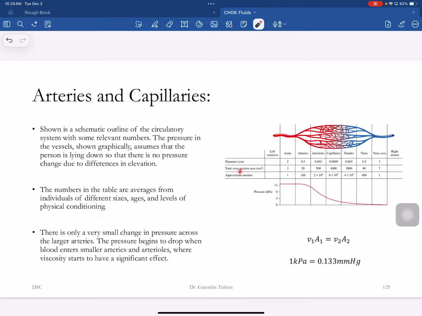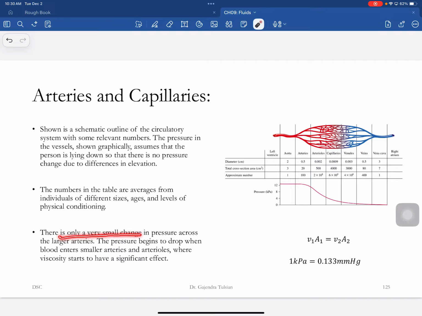The cross section of the aorta is that, and the vena cava, the big vein, has to increase, and you see it's twice as much. And so you don't need as great a pressure difference to maintain that fluid flow. The largest vein has an area of cross section twice as big as the aorta.